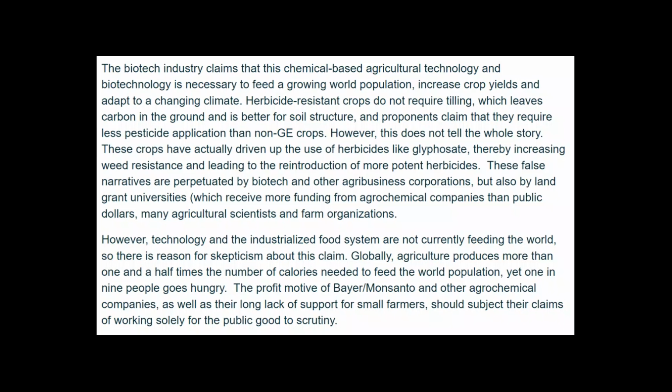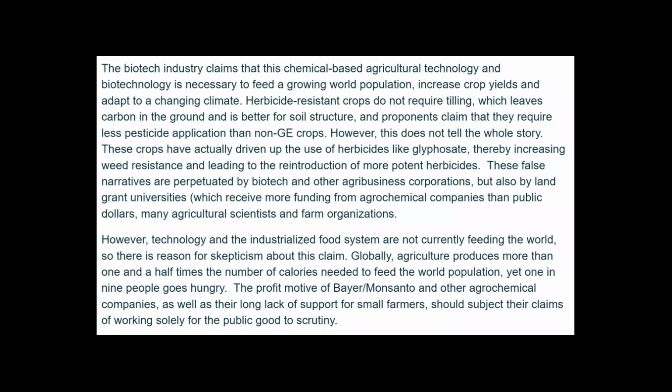These false narratives are perpetuated by biotech and other agribusiness corporations, but also by land-grant universities, which receive more funding from agrochemical companies than public dollars. Many agricultural scientists and farm organizations.